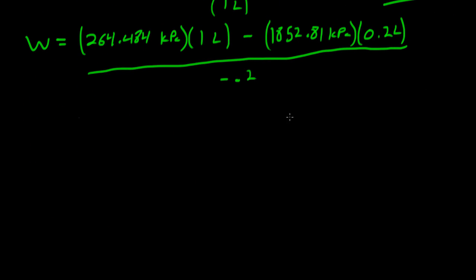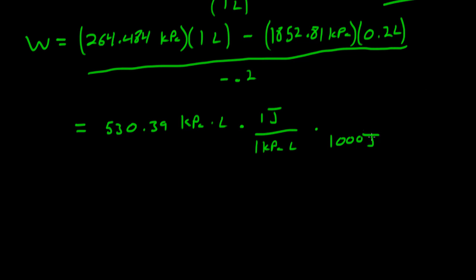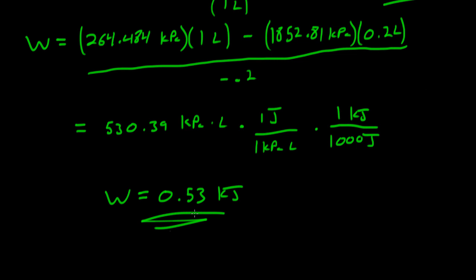The work is equal to 530.39 kPa liters, which we can convert into joules by recognizing that 1 joule is equal to 1 kPa liter, which we found above, and 1,000 joules is 1 kilojoule. And so we have that our work is 0.53 kilojoules.